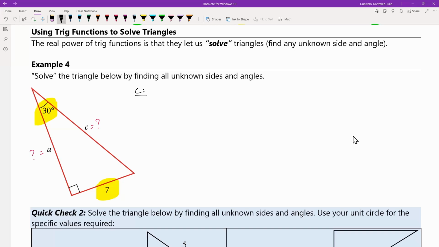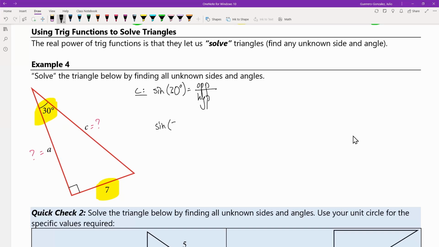We know that sine of 30 degrees is opposite over hypotenuse, correct? We know what our opposite is.